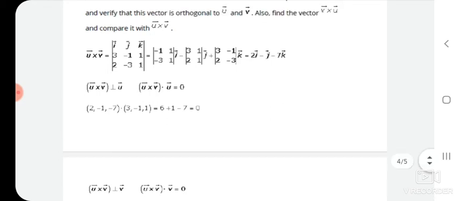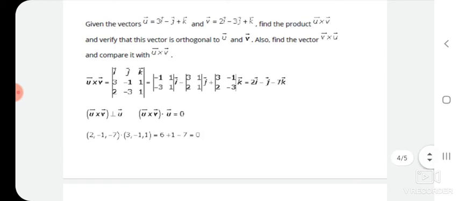u cross v is 2, minus 1, minus 7 and vector u is 3, minus 1, 1. If we take the dot product of these components, it gives 6 plus 1 minus 7, which is equal to 0.